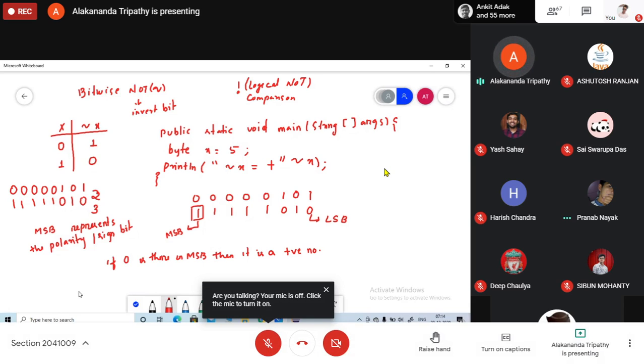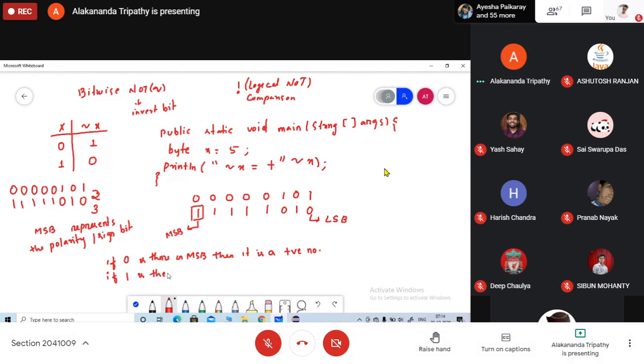All of you clear? If 1 is there in MSB, then it is a negative number. Clear?